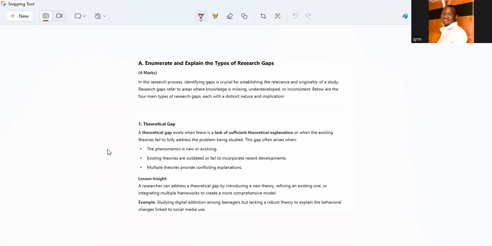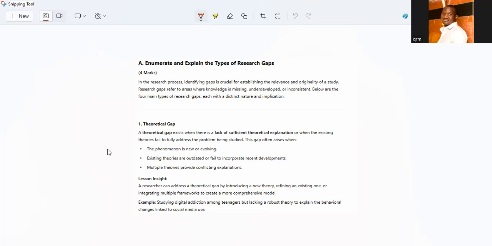Now we're in 2025, so your research should be within 2015 to 2025. Some theories are still applicable even now, like Maslow's hierarchy of needs and Herzberg's. They're still used despite being theorized in the 20th century.